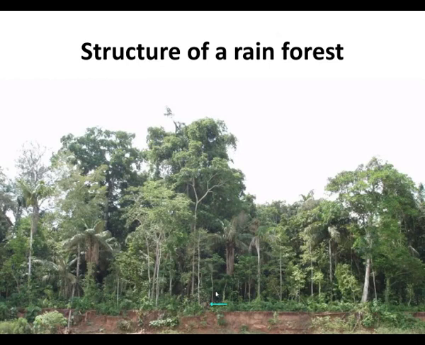The mid and understory are very dense and dark. And also you can see a few palm trees here and there and a few emergent trees. These are emerging from the canopy layer. And if you look very carefully, you can see these vine-like plants making a network all over the canopy and in the understory.